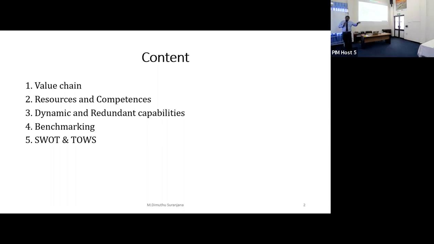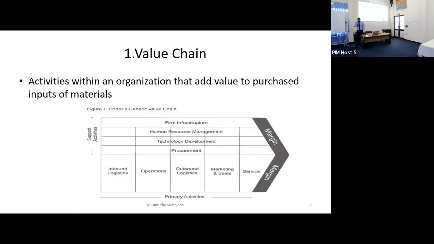So we are going to look at them carefully. Then ultimately we want to identify our strengths and weaknesses. That's the objective. When we are looking at this, one of the tools we can use to look at our internal environment is the value chain model.